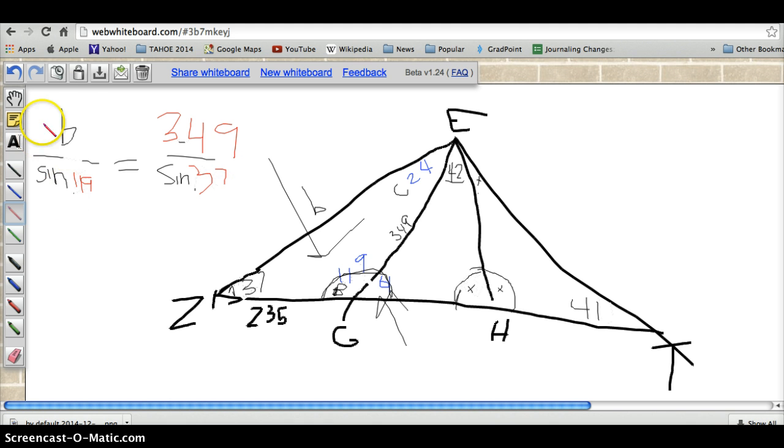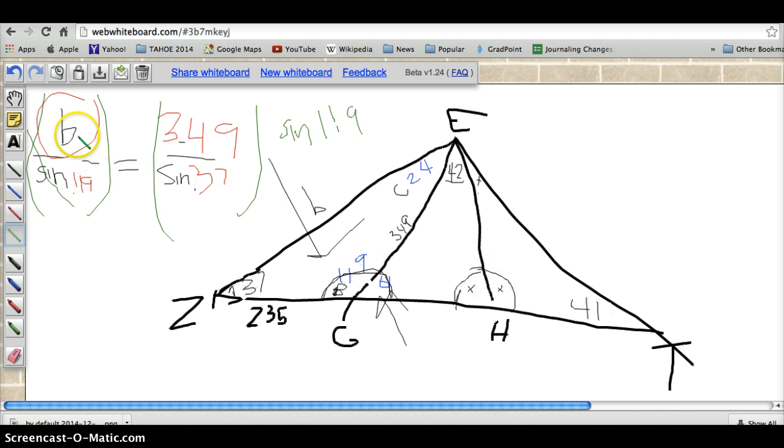Now I really need to isolate this variable. So right now B is being divided by the sine of 119. Remember, this sine of 119 is one whole big thing. So I'm going to multiply each side by the sine of 119, which will cancel out. I'm not going to rewrite that because I ran out of room. And then I'm going to multiply this side by the sine of 119.